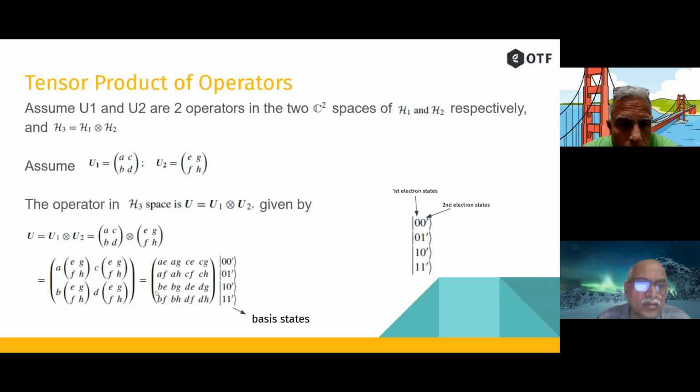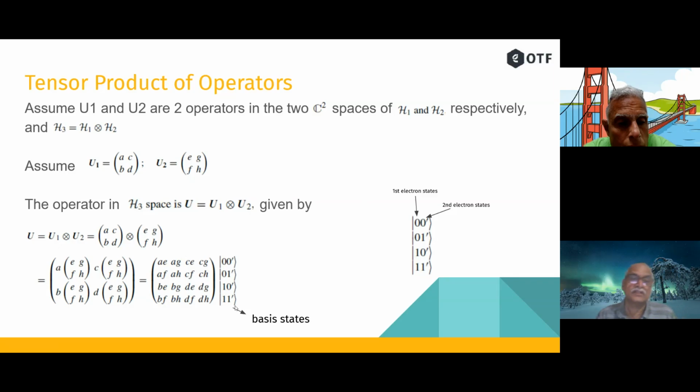And this now would be the complete operator, and this operator now would be operating on what? It will be now operating on the so-called basis states. So what are the basis states now? The basis states are the combined basis states of the C2 space for the first vector and C2 space of the second vector, right?